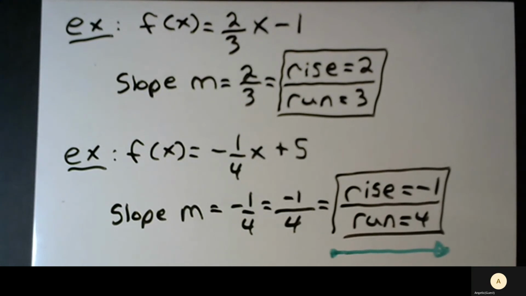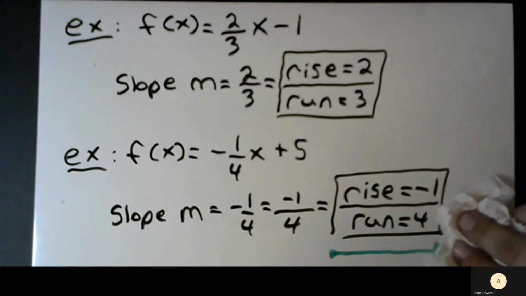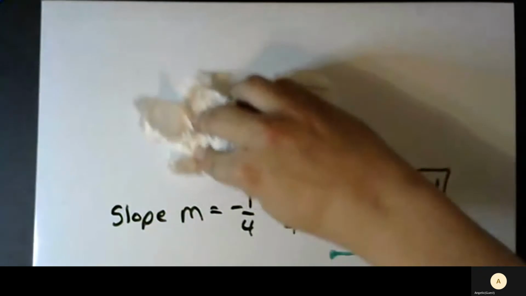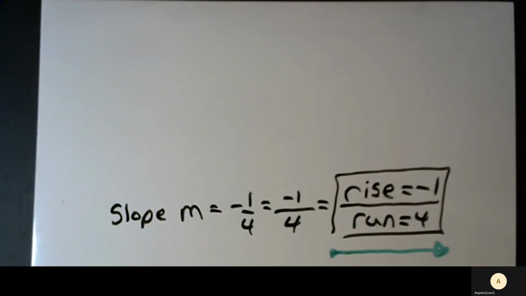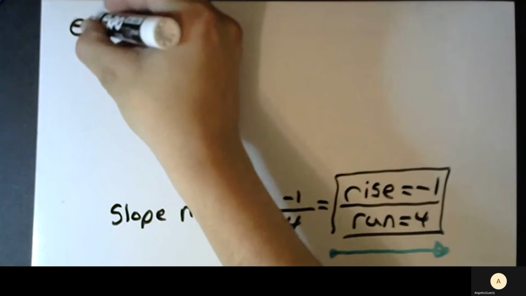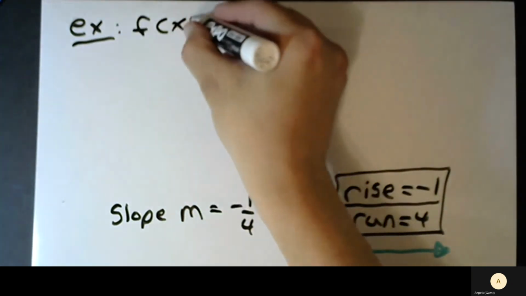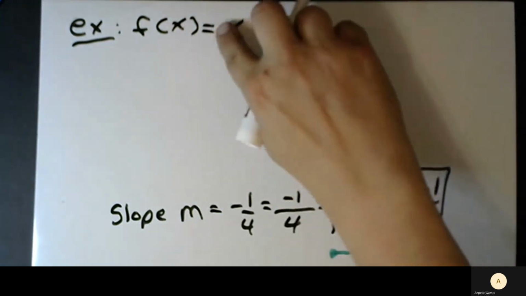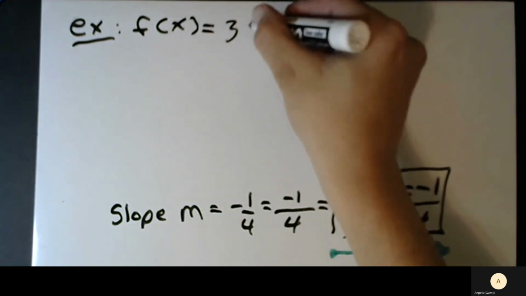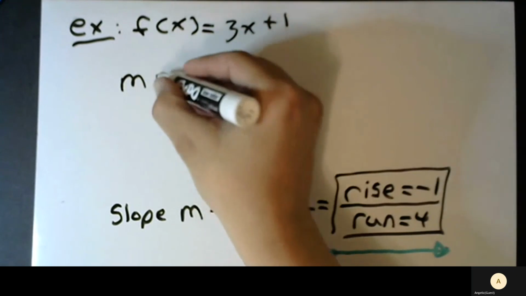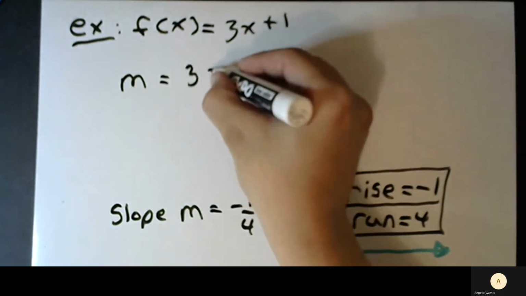Now, where this gets a little tricky is when you're dealing with whole numbers. So if you have something like this, your m, which is your slope, is going to be 3.